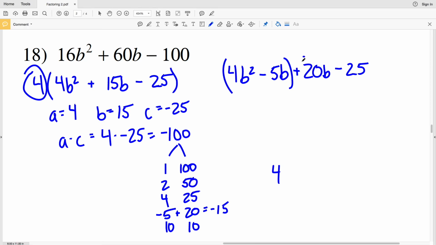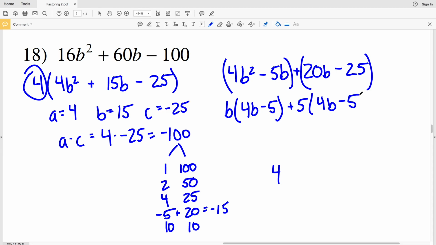So splitting up my first two terms and my last two terms, I'm going to factor out the GCF. I'll factor out b to get 4b minus 5, and then I'll factor out 5 to get 4b minus 5. So I'll have b plus 5 times 4b minus 5.